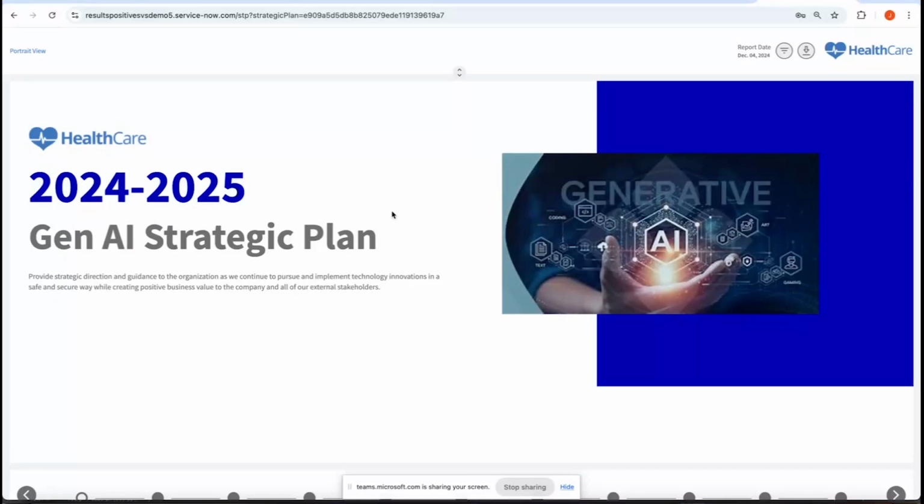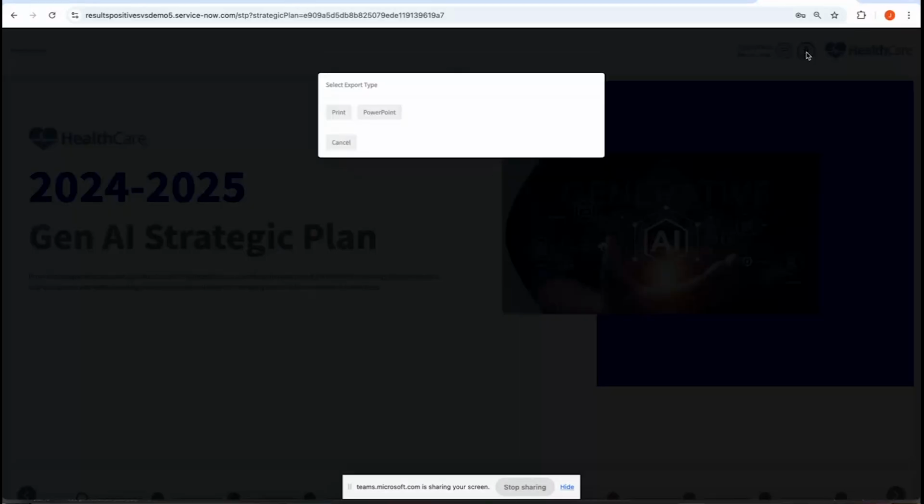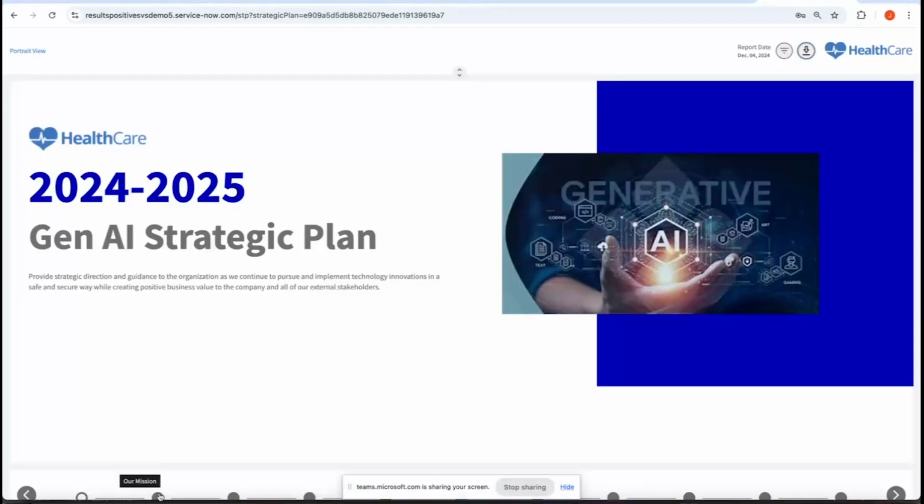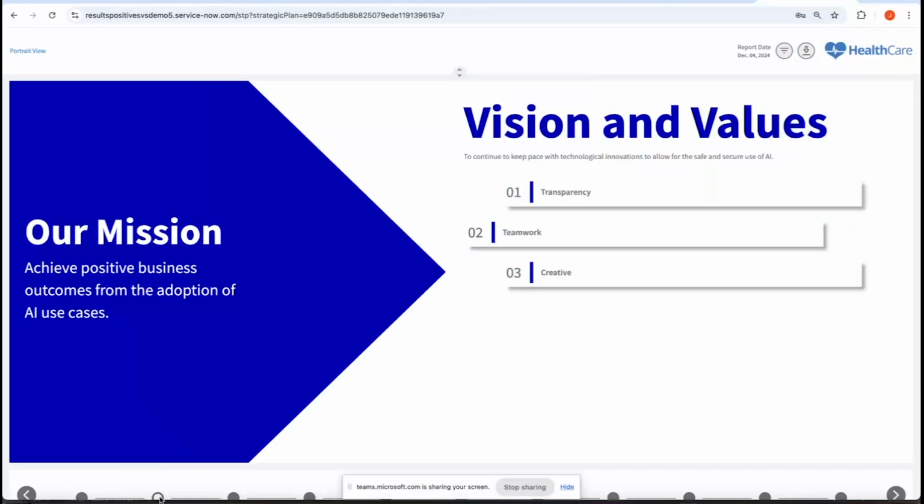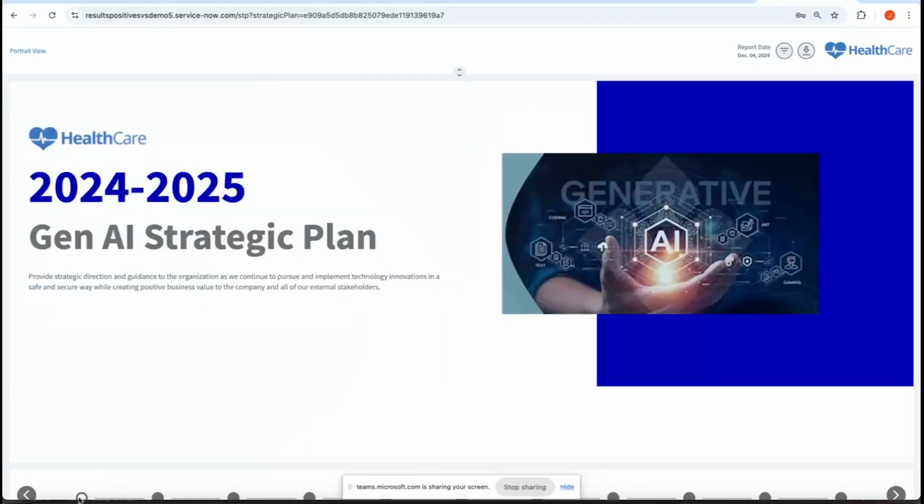You can also export this out to print or to PowerPoint. And so here's really going to be all the data that's in ServiceNow. You can link to this from ServiceNow as well. So if you had mission and vision, this example here is if you wanted to create a strategic plan just for AI for the organization. So it doesn't necessarily have to be the company-wide plan. It could be a functional-based strategic plan.